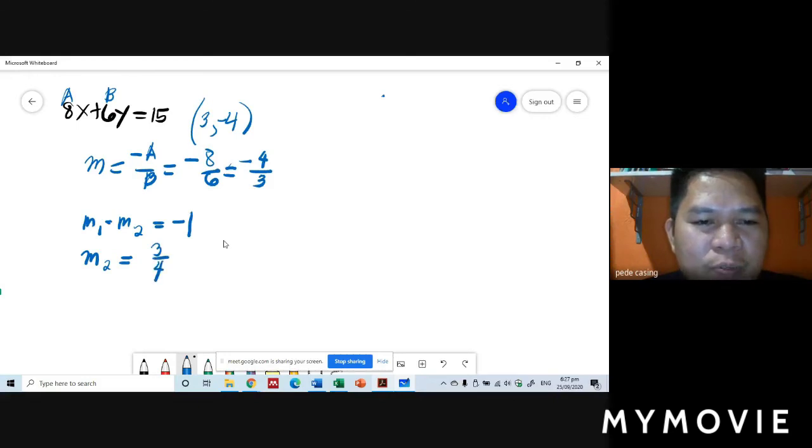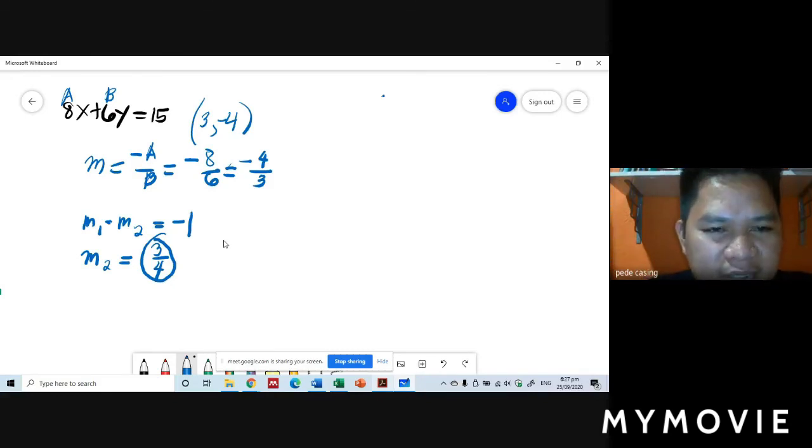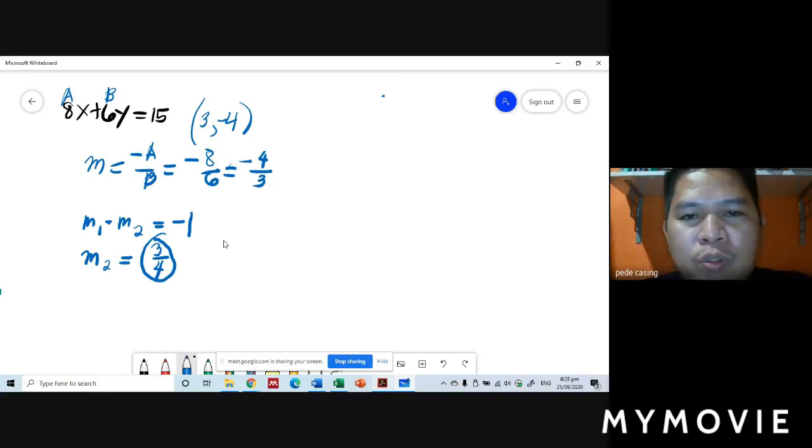Balihon lang nimo ang numerator, mahimong denominator, denominator, it becomes the numerator. What is the negative of negative? Positive. So meaning, automatic na nga 3/4. Positive na ang answer. Kaning m nga 3/4, atuan ni siyang what? We are going to substitute to our slope-intercept form.